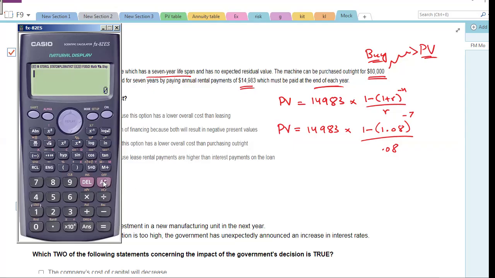Okay, I think we did something wrong. 1.08 raised to the power minus 7, then 1 minus the answer, divided by 0.08.